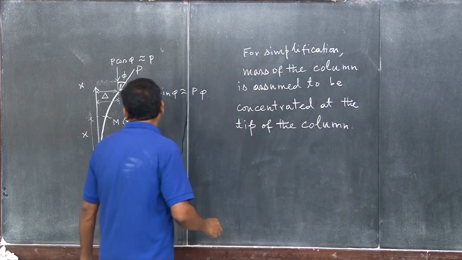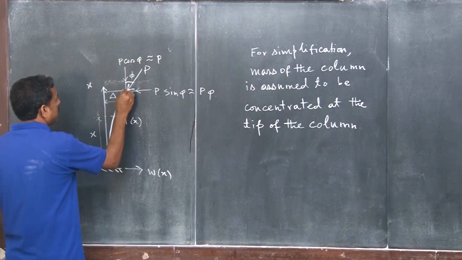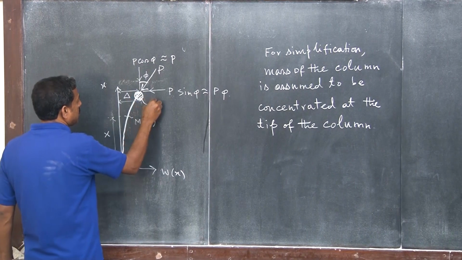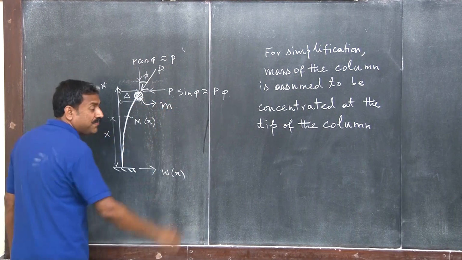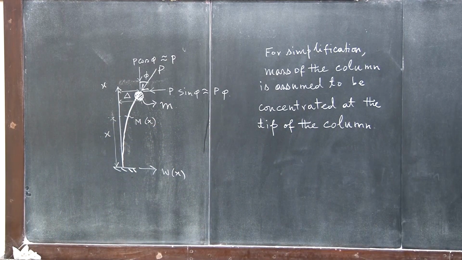So the mass is m. I am considering the mass to be m. This is the mass m. Then with this, what will happen?